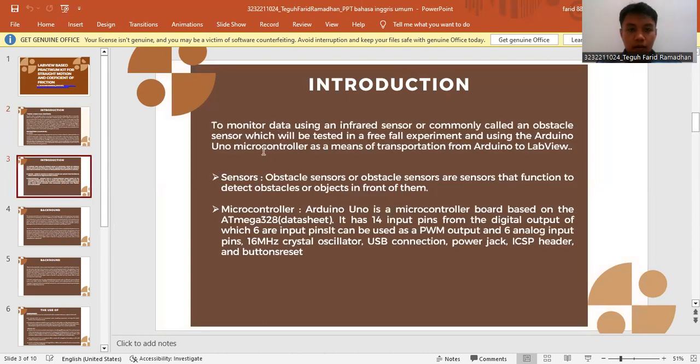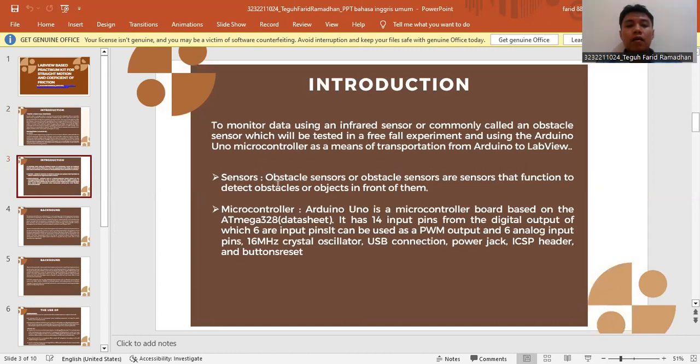Next, the sensor and microcontroller. To monitor data, we use an infrared sensor, commonly called an obstacle sensor, which will be tested in a free fall experiment, and the Arduino Uno microcontroller as a means of transport from Arduino to LabVIEW.